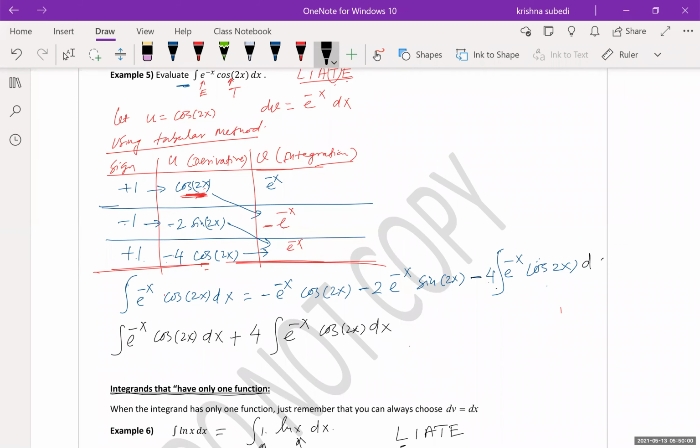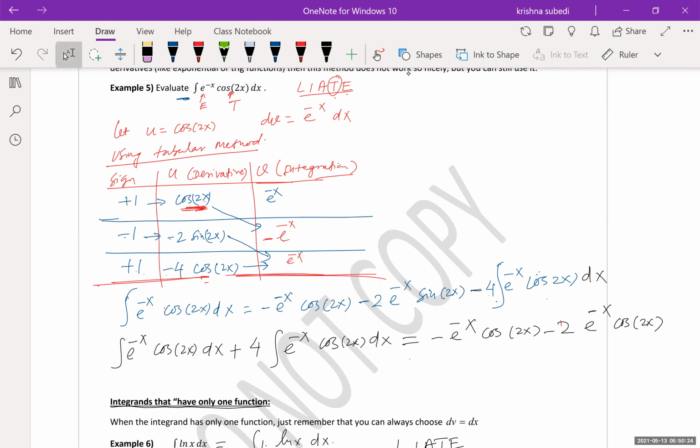Okay, I forgot to write the dx there. This equals the term that doesn't have the integration sign, so write it down, which is negative e to the negative x cos 2x minus 2e to the negative x sine 2x. All right.